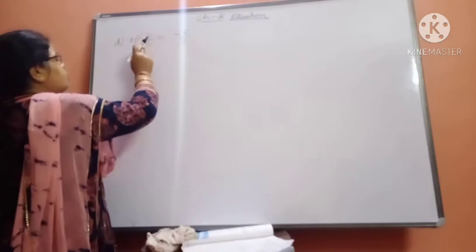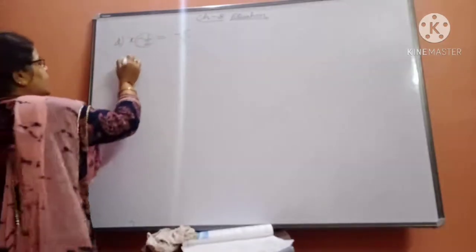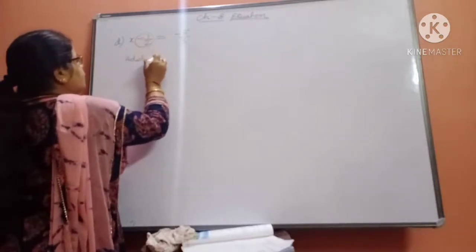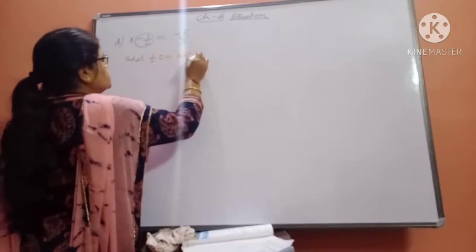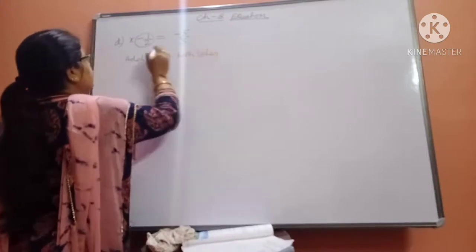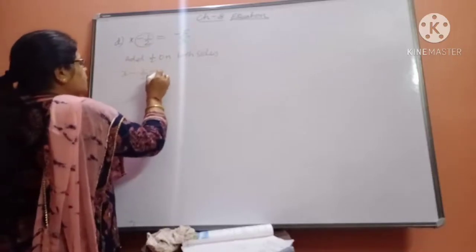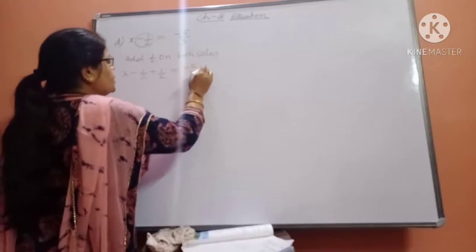Same value we will add with opposite sign. So what you will do, if it is minus 1 upon 2, add 1 upon 2 on both sides. On both sides. Okay. So see what it will become, x minus 1 upon 2 plus 1 upon 2 is equal to minus 5 upon 3 plus 1 upon 2.